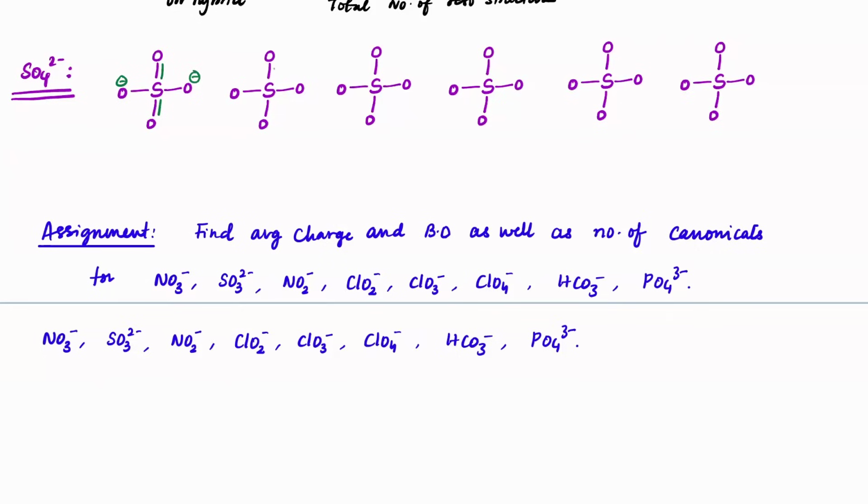This is one. Or 2 double bonds here, minus here. Or 2 double bonds here, minus here. 2 double bonds here, minus here. And 2 double bonds on the line, and minus here. And 2 minus charges here and 2 double bonds here. Done. Check. There are 6 total possibilities.